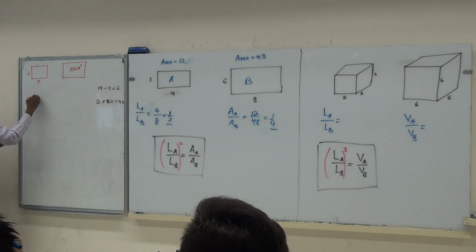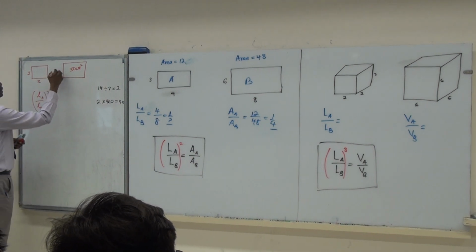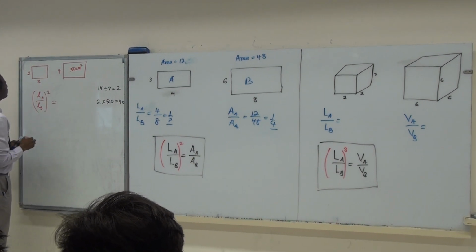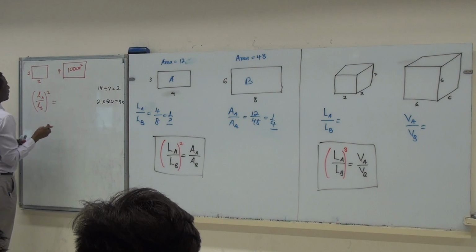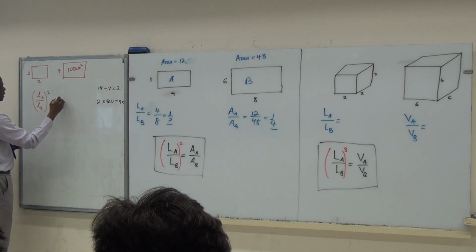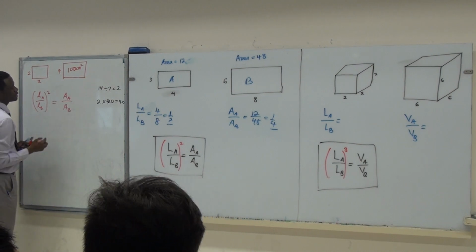I need to start with the length of the first one divided by the length of the second one. It doesn't matter which one is the first, which one is the second. Maybe I write this as 4, perhaps. Change it to 100. Then area of the first divided by area of the second, something like this.